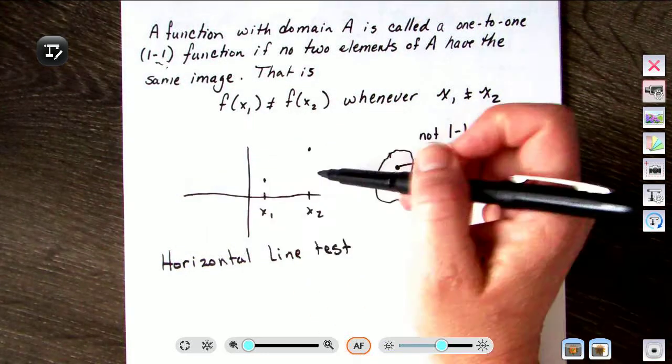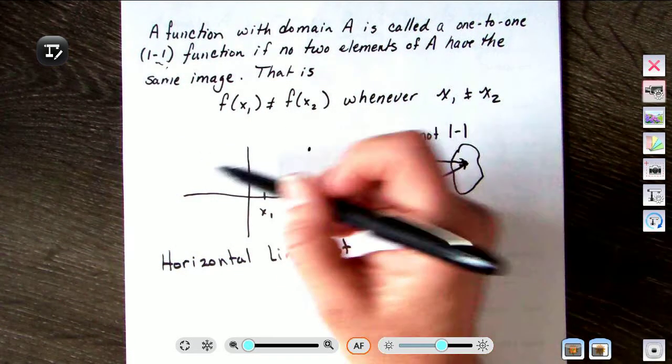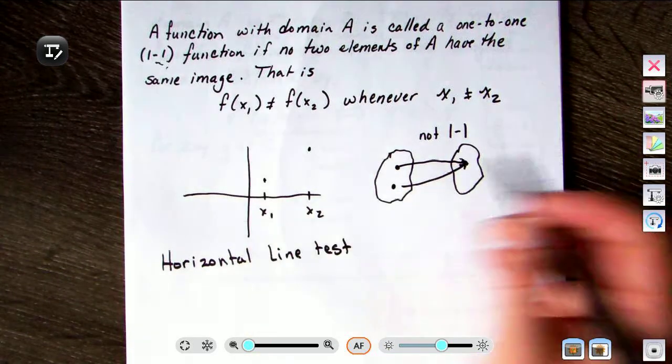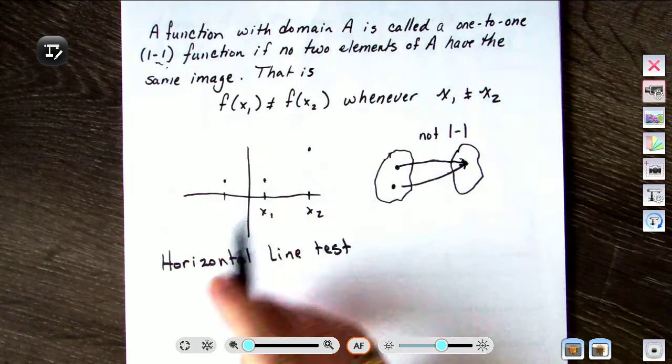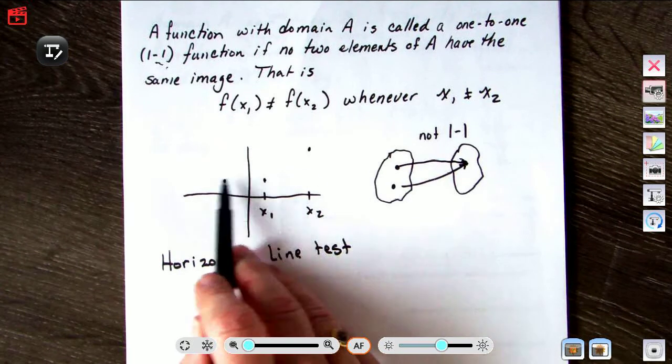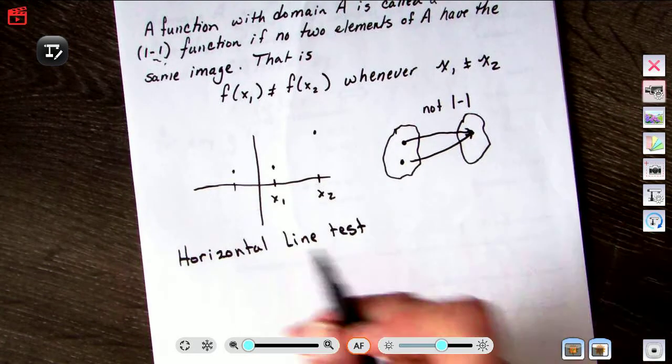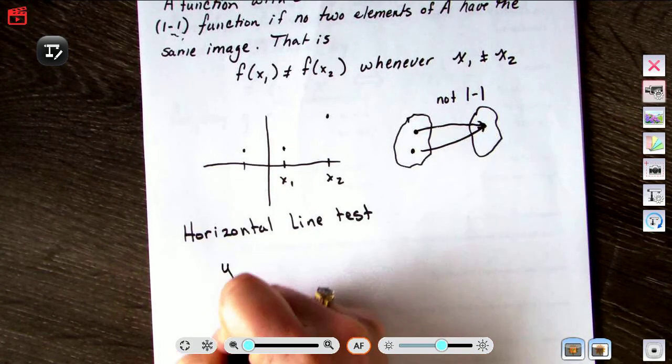So if we pass horizontal lines through it, we're not going to have it crossing twice, because if it crossed twice, that means two x values went to the same thing, and there would not be a one-to-one function.